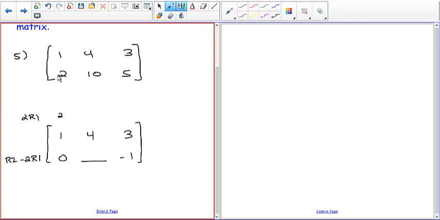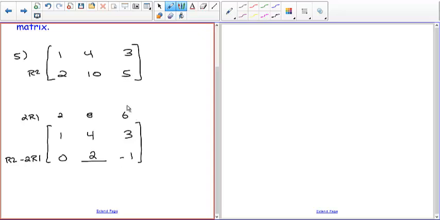So 1 times 2 is 2, 2 times 4 is 8, 2 times 3 is 6. So that's 2 times row 1. Then if I take row 2 here and subtract 2 times row 1 from it, 2 minus 2 is 0. 10 minus 8 is 2. 5 minus 6 is -1.